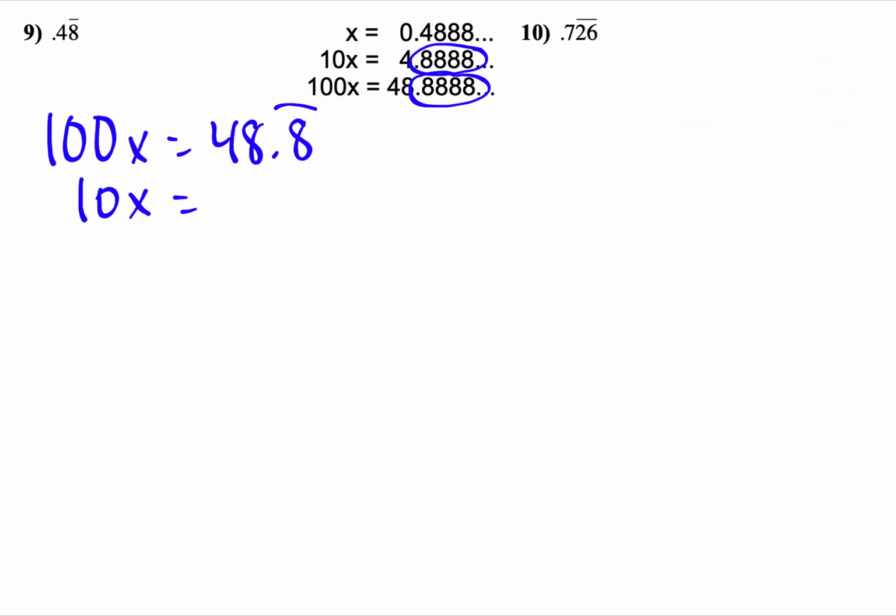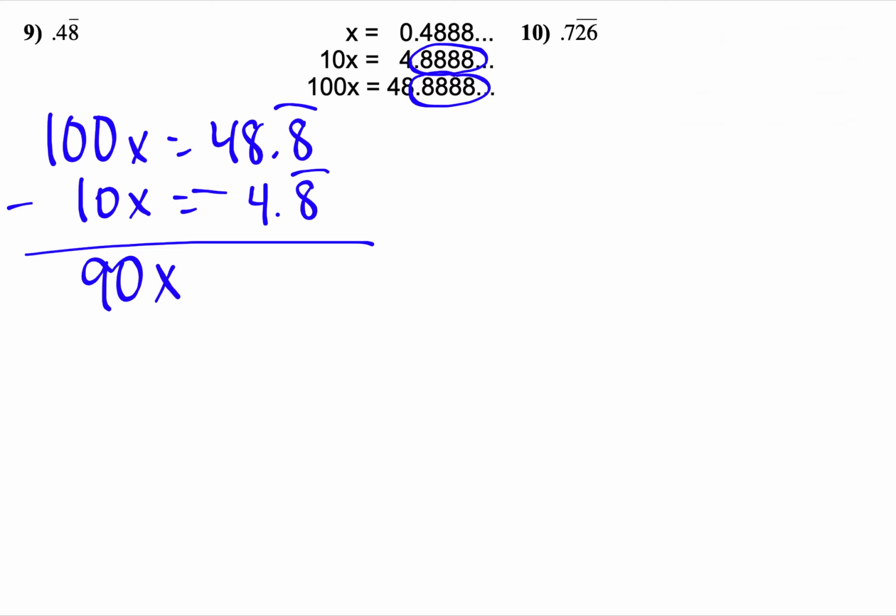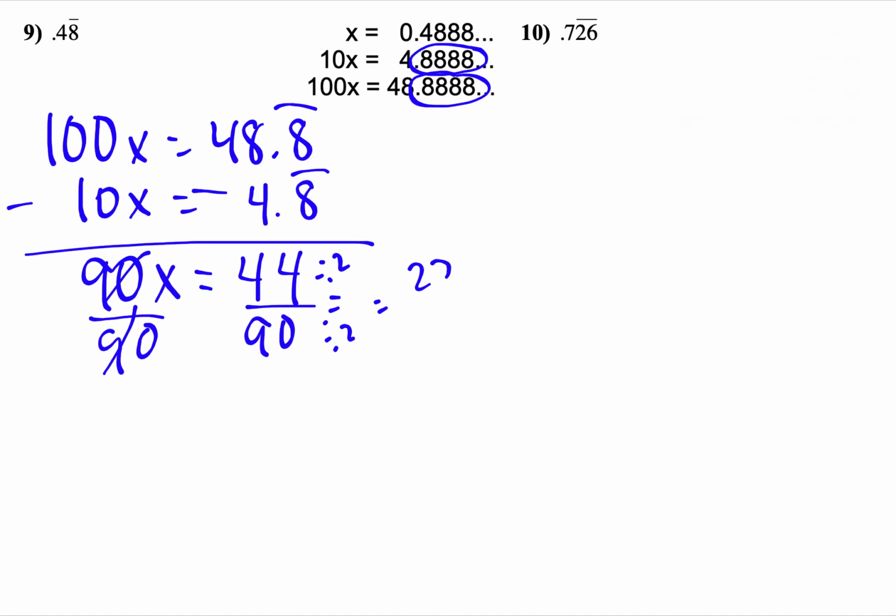Let me fix that. 4.8 repeating. We go ahead and subtract. 100 minus 10 is 90. 48 minus 4 is 44. We can go ahead and just divide by 90. And 44/90ths does reduce, dividing top and bottom by 2 to 22/45. And I don't think that's going to reduce anymore.